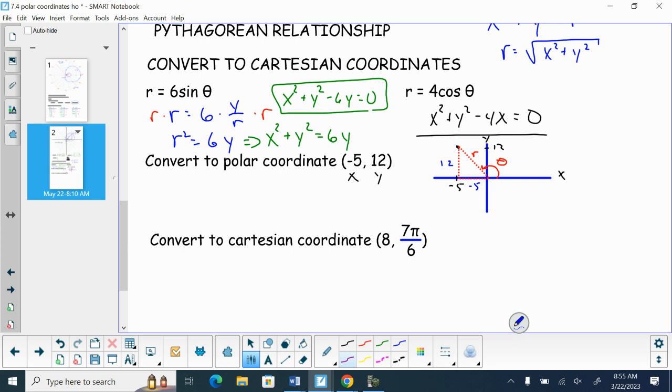Or you can think about r squared is equal to x squared plus y squared. It runs you right into the Pythagorean theorem. If you know your Pythagorean triples, r is a value of what here? Ella? 13. r is a value of 13.